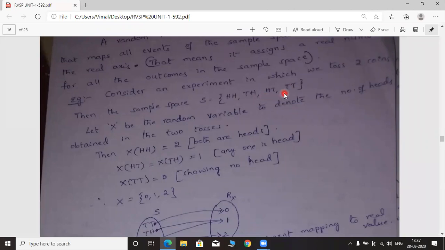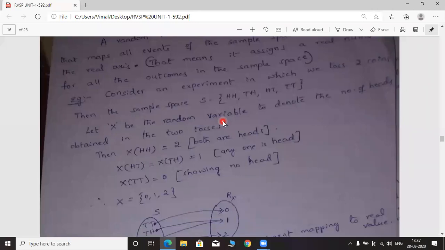Now the sample space is already defined. Let us move on to the definition of a random variable. Let capital X be the random variable. A random variable can be represented with a capital letter only. You may take X, Y, Z, whatever letter you like, but it should be a capital letter.